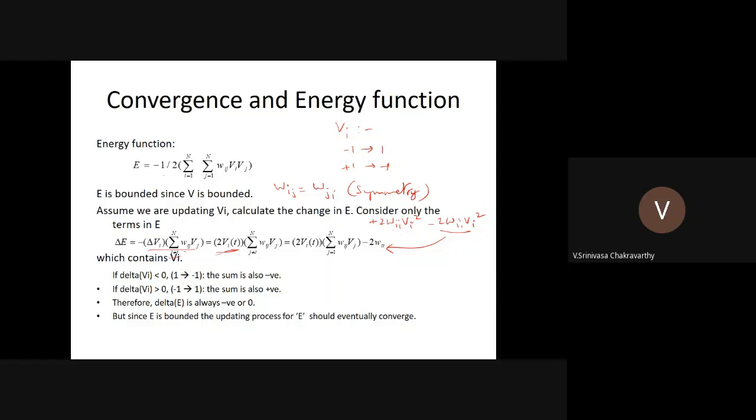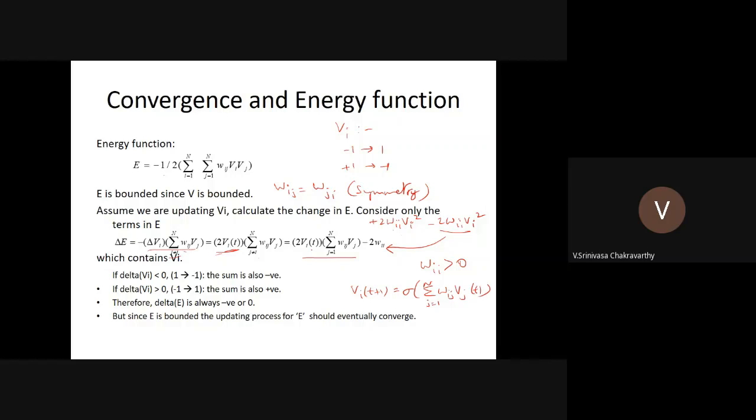Now look at this expression: 2 Vi at t times this whole thing. First of all, it is assumed that Wii is greater than 0, that's a given, so this part is negative. If you look at this part, Vi at t+1 is given as sigma of the summation, j goes from 1 to n, Wij Vj at t.